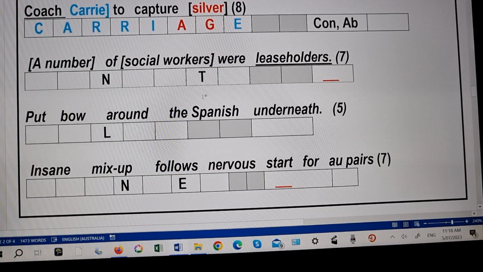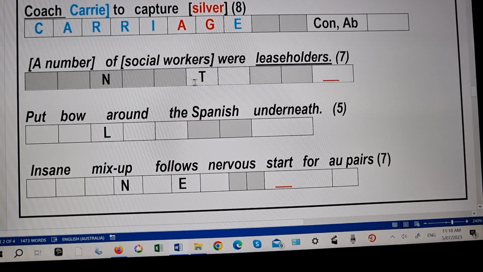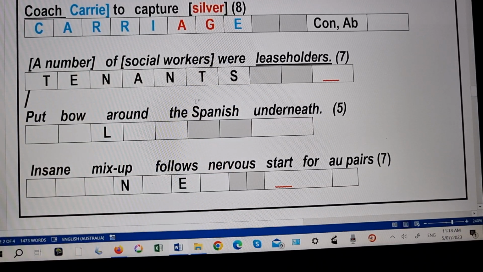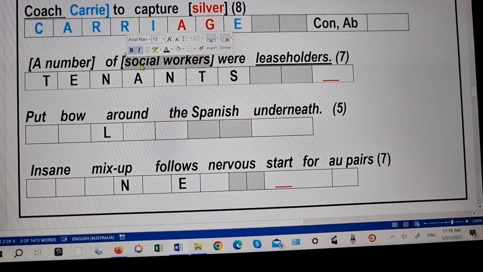So, what are leaseholders? Oh, leaseholders are tenants, aren't they? Oh, I reckon we got this one sewn up. They're tenants. And how do we work it? A number of social workers. Well, social workers are definitely ants. And that's definitely an abbreviation, as I said. And there's your ants there.